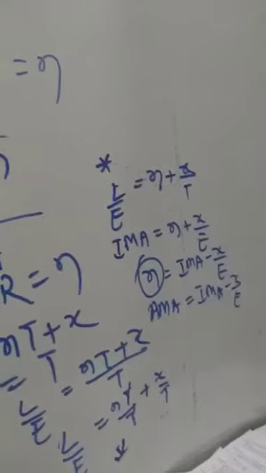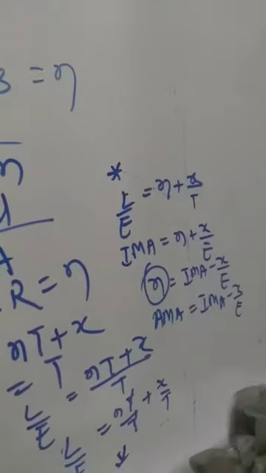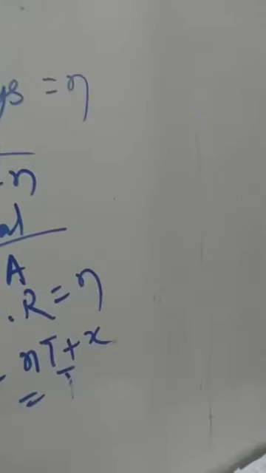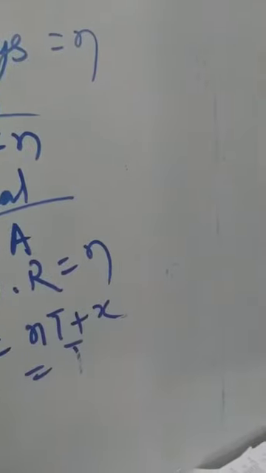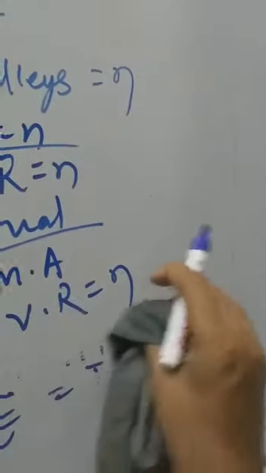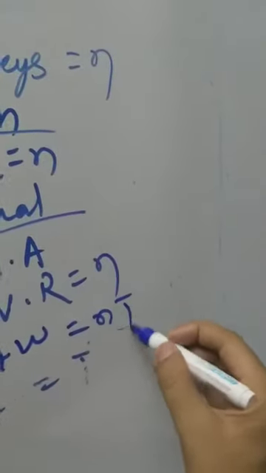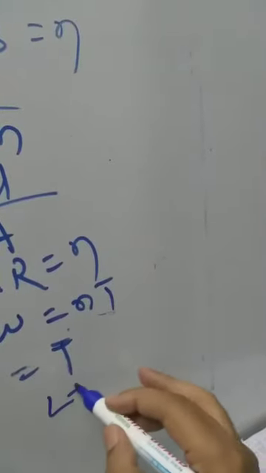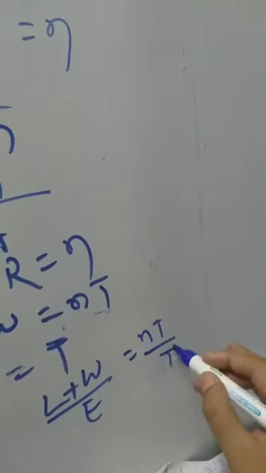This one can be done in another way also, as it is given in your book. You can see that E is equal to T here, and then you can do the other method. So L plus W, in place of writing N plus T, I did in another method, L plus W. So load plus W is equal to NT. Now L plus W by E is equal to NT by T. So T cancels.